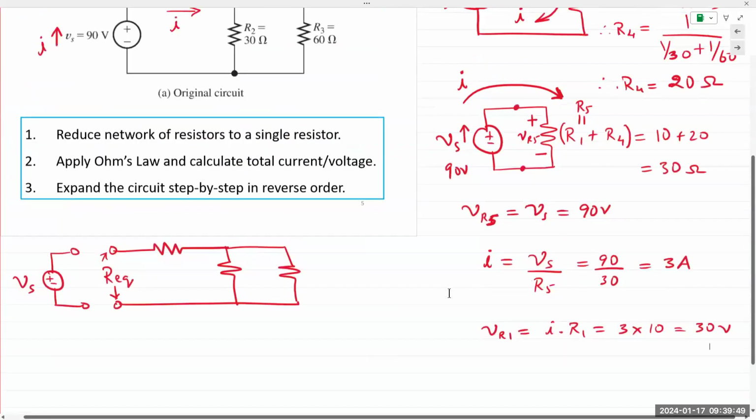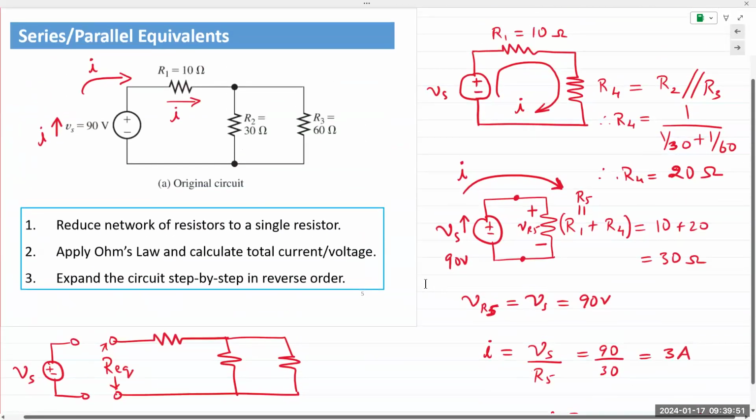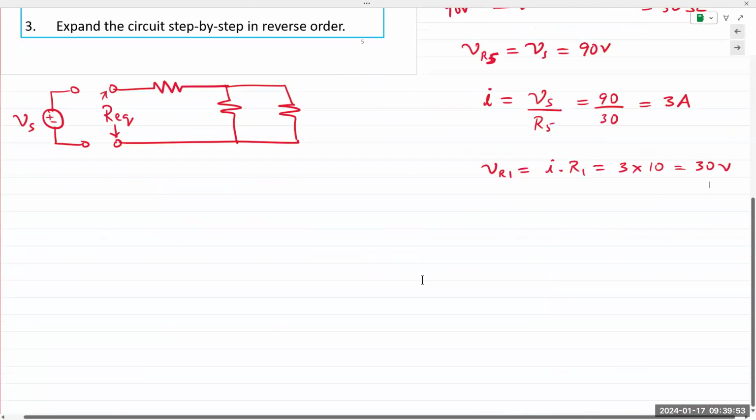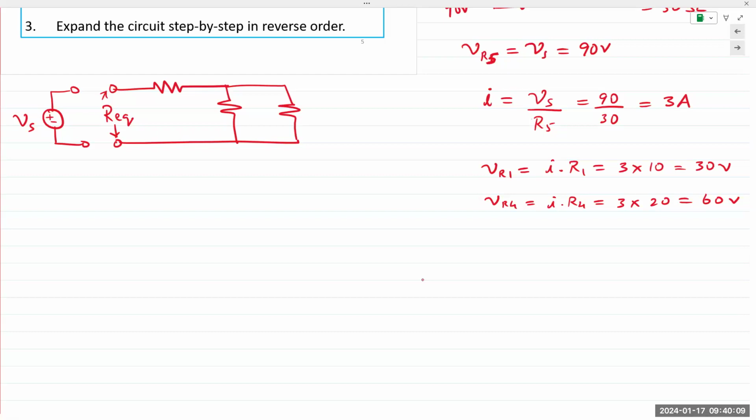Okay, 30 volts. Then my R4 is 20. So VR4 is I times R4. 3 times 20 gives me 60. And again, KVL, or just as a check, 30 plus 60 gives me 90. So my answer should be correct.